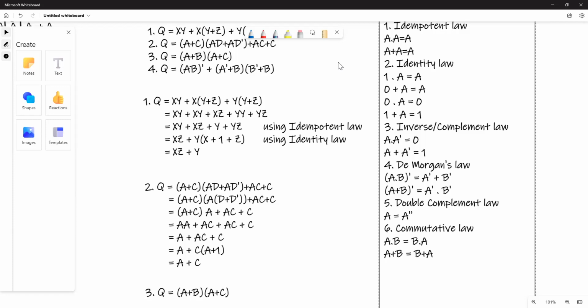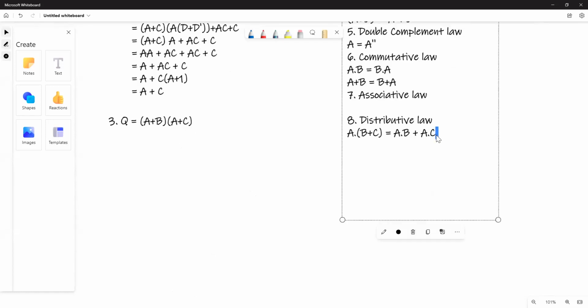Right? The same thing, but if you change this, that means A plus B dot C. This is a second form of distributive law.